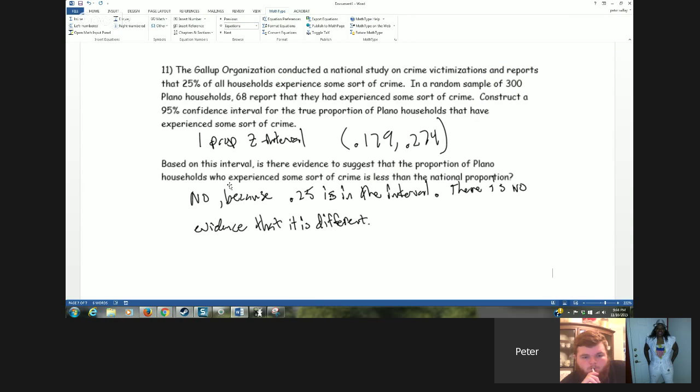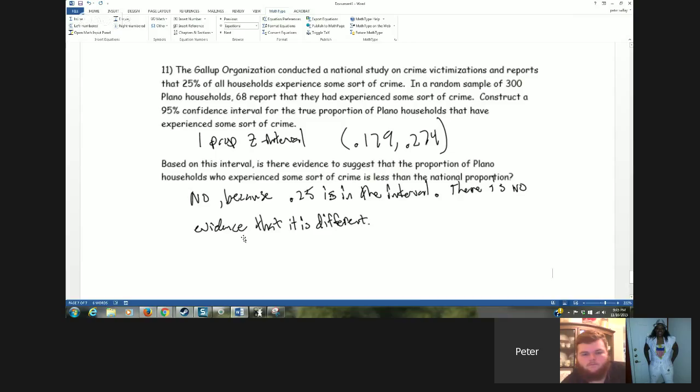Yeah. So as far as we can tell, this particular place, Plano, Texas, isn't different than the national average. And we're not saying that they're the same, we just don't have any evidence that it's different. Does that work? Yeah, I got you.